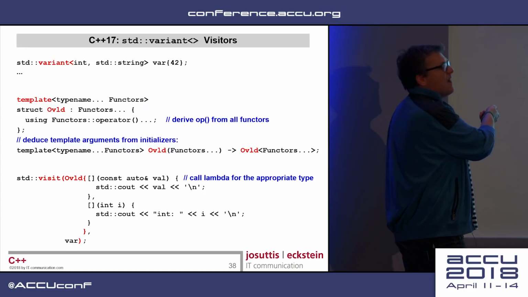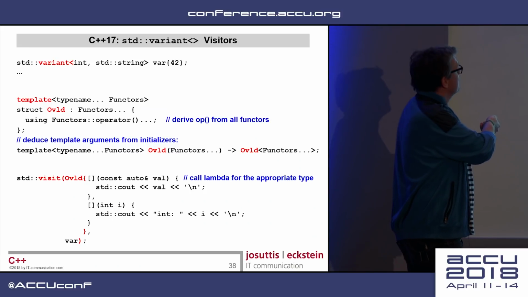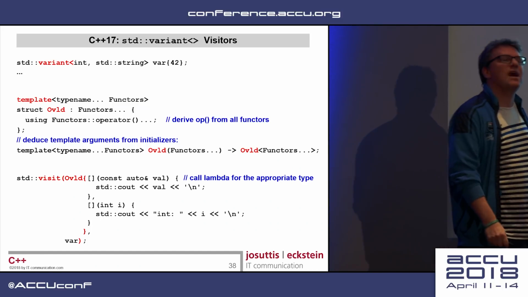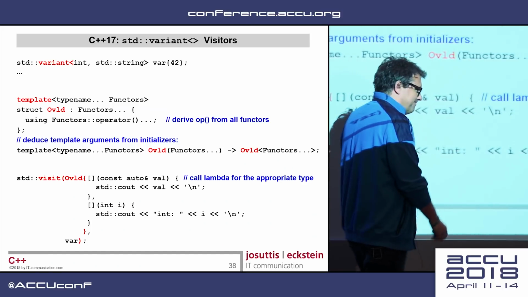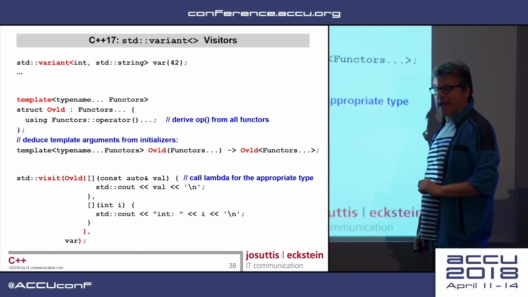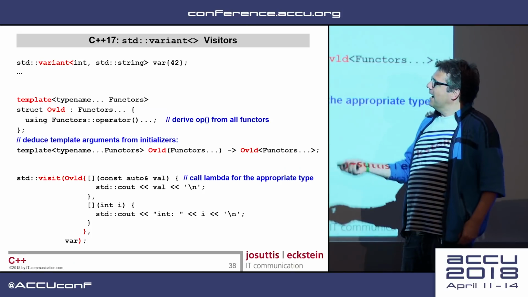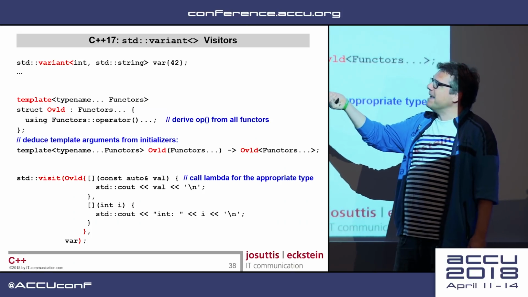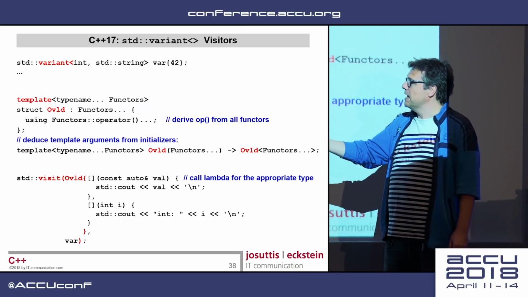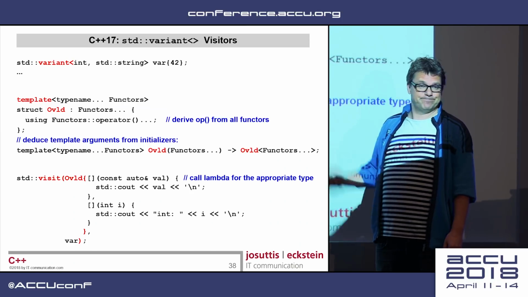We have a function object that derives from a couple of function objects. Okay? So you have multiple base classes. For each type of one lambda here is one base class.